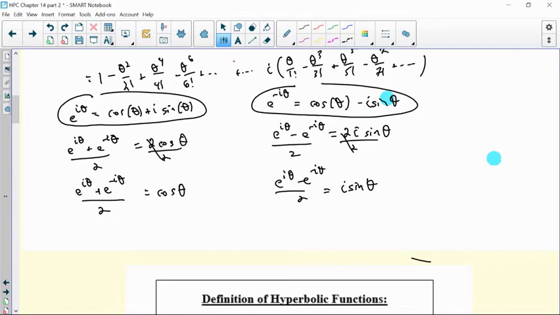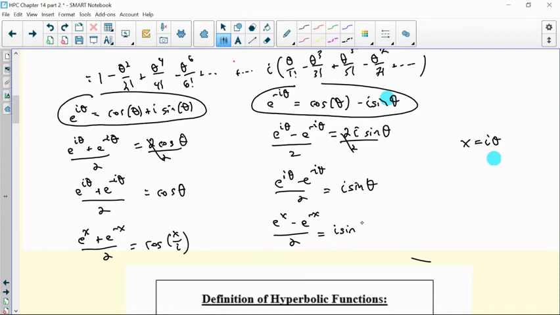So what I'm going to do is let x equal i theta. Up here where this i theta is, I'm going to call that x, and then my theta becomes x over i. So I get e to the x plus e to the negative x over 2 equals cosine of this x over i term. And then I get e to the x minus e to the negative x over 2 is equal to i sine of this x over i term.